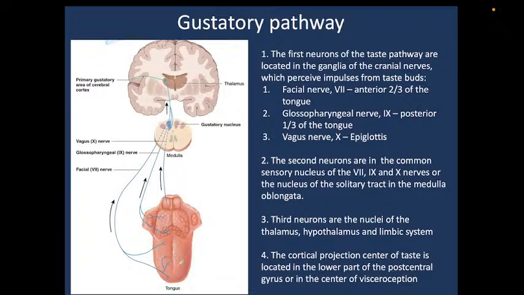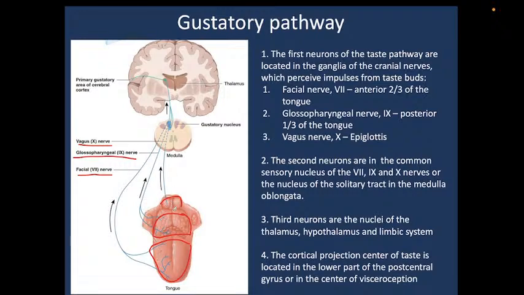As I said, the anterior two thirds of the tongue are innervated by the facial nerve, but the posterior area of the tongue is innervated by the glossopharyngeal nerve. Even the tenth pair of cranial nerves, called the vagus nerve, innervates a small structure in the larynx called the epiglottis.